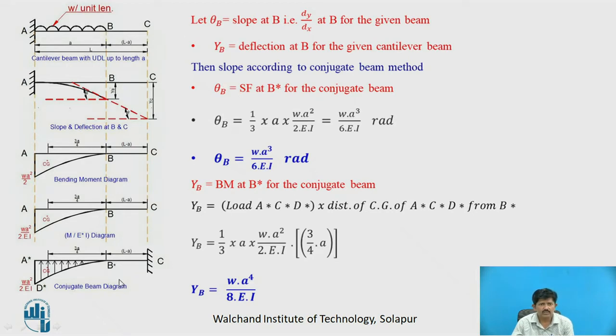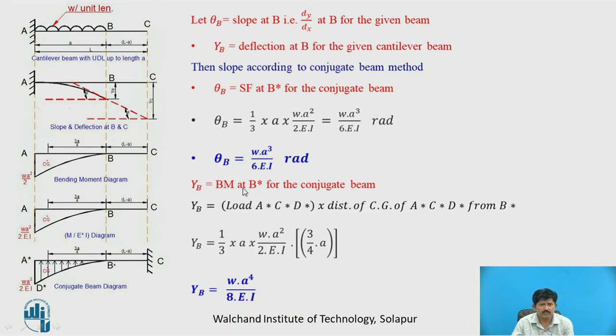Now shear force means it will be the load acting on this A star, B star. So theta B is equal to 1/3 base into height. So 1/3 base is A, height is WA square upon 2 EI. So that will be equal to WA cube upon 6 EI radians. So theta B will be WA cube upon 6 EI radians.